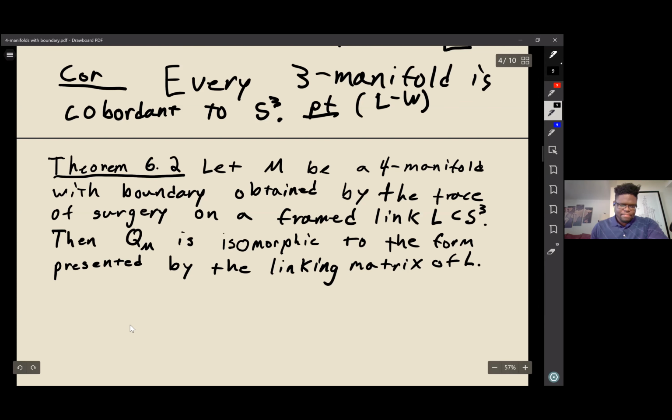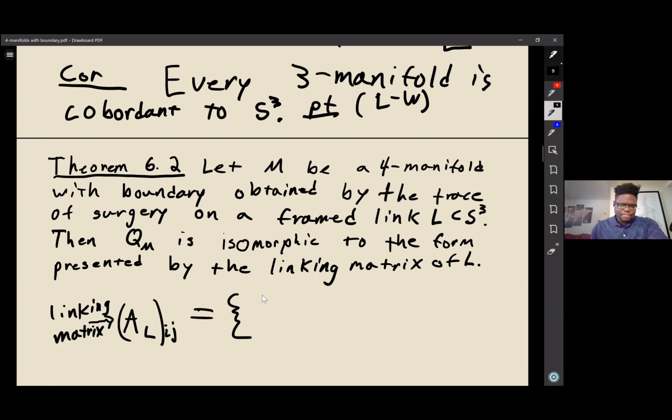So remember this linking matrix of L, this is just equal to the framing of the component if i is equal to j, and the linking number of the ith component with the jth component if they're not equal.